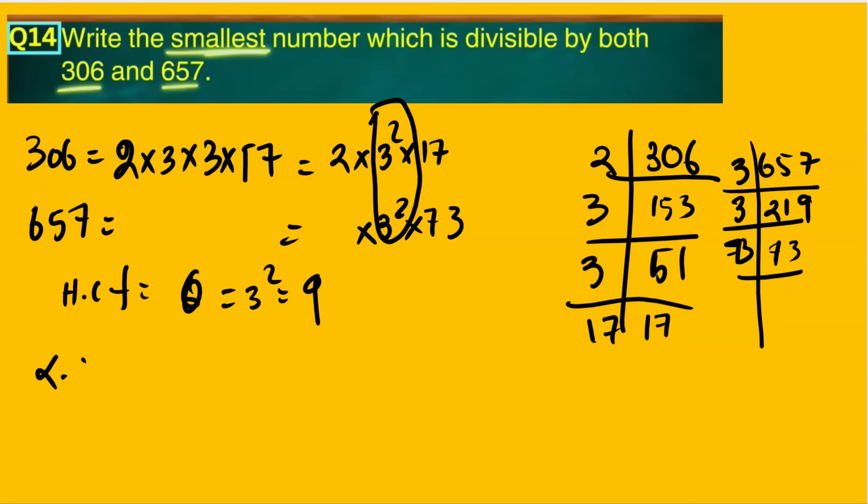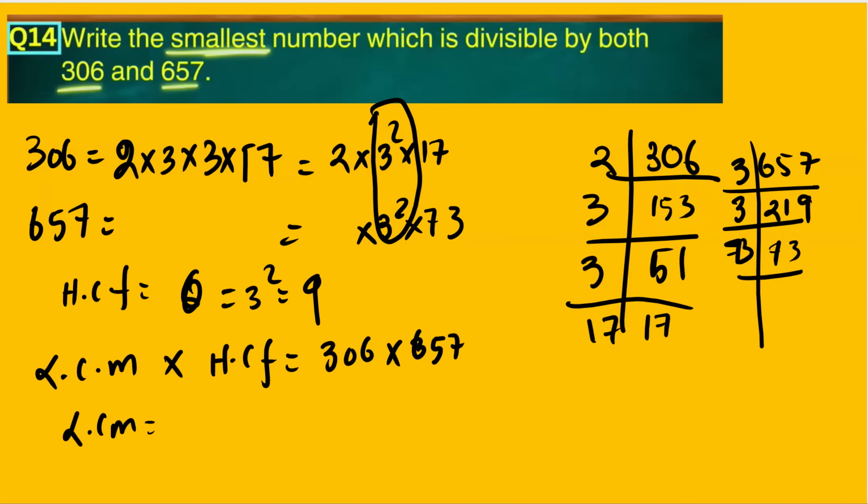So for LCM, we know the relation between LCM and HCF is that their product is equivalent to the product of the numbers, 306 and 657. We have to determine the LCM, which will be the smallest number, because the least common multiple is the smallest number. So my HCF will be 9, and HCF times LCM is equal to 306 multiplied with 657.